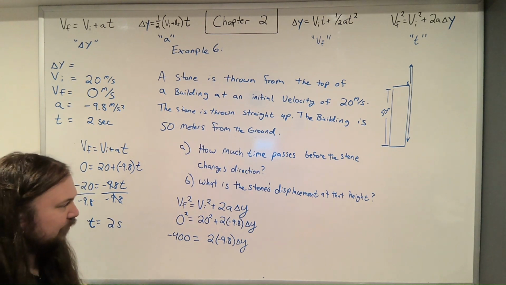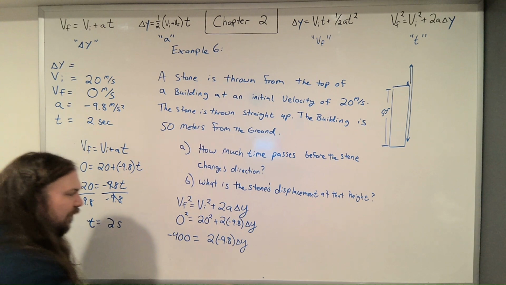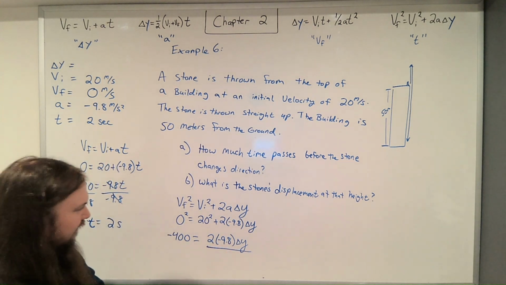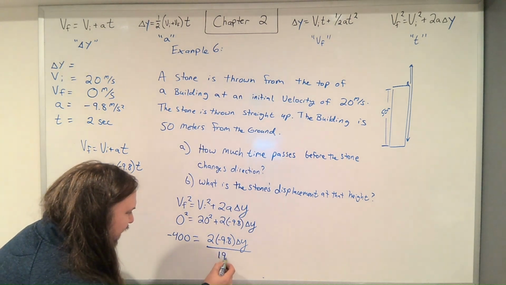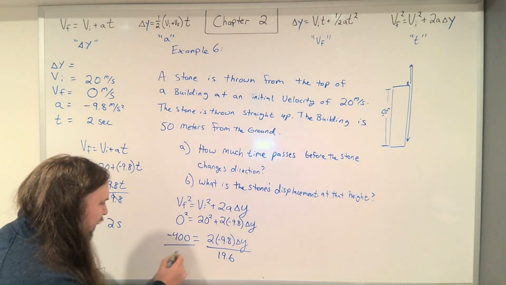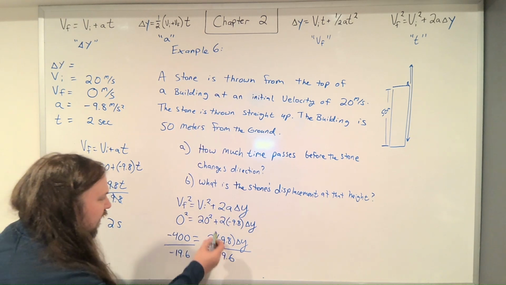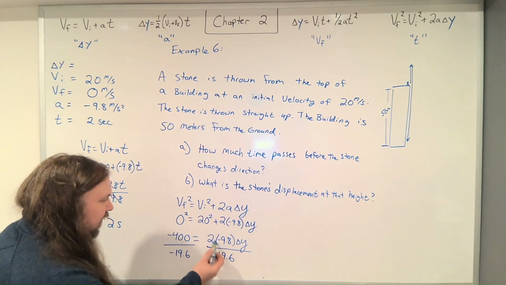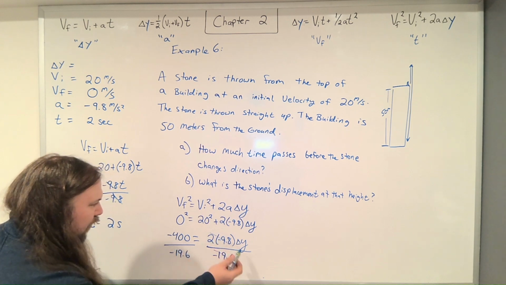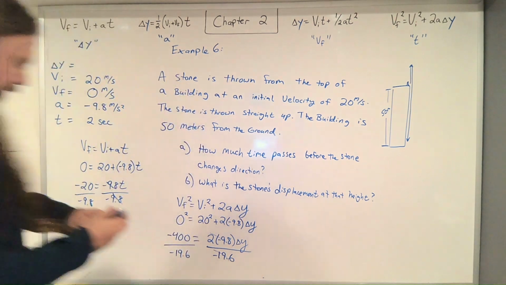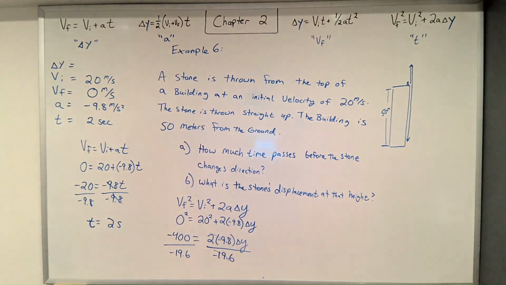2 times the negative 9.8, we can get rid of that as well by just dividing by it. What is 2 times 9.8? 19.6. If we divide by negative 19.6, you'll see, because there's a negative in here, we'll end up with delta y is equal to negative 400 divided by negative 19.6. Plug that into your calculators.